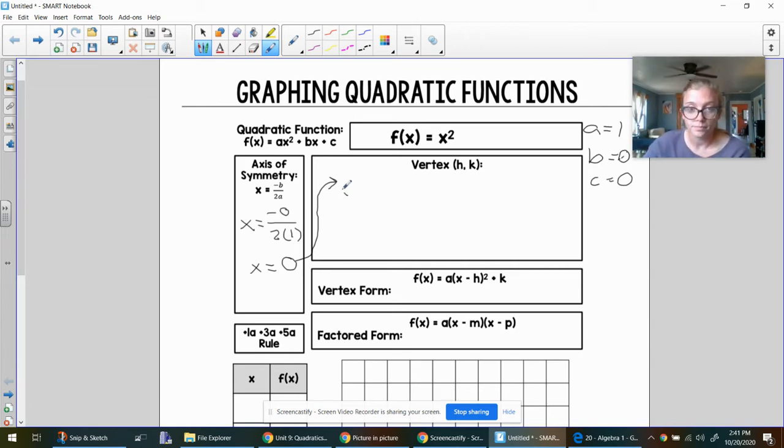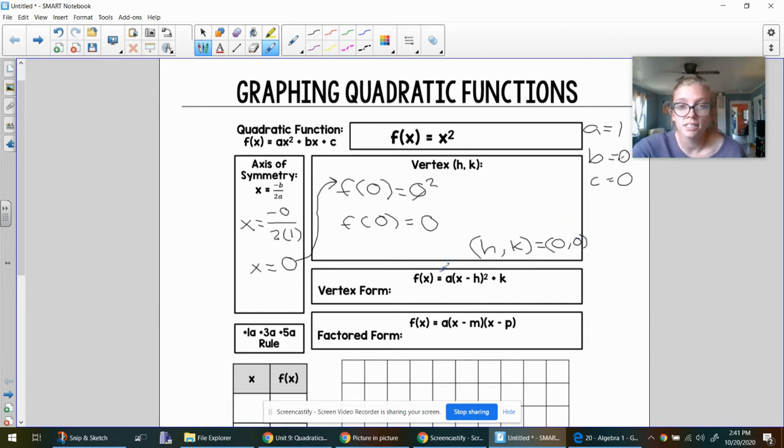So to do that, we're going to sub in 0 for x. We got that 0 from the axis of symmetry. And our y coordinate is also 0. So that means that h and k, the coordinates of my vertex, are 0, 0.